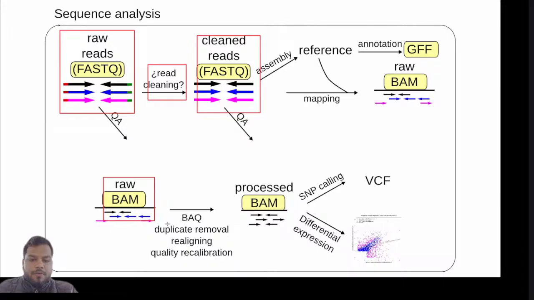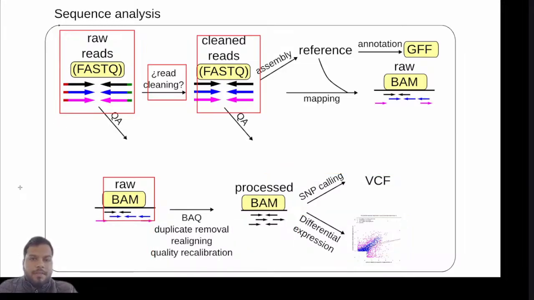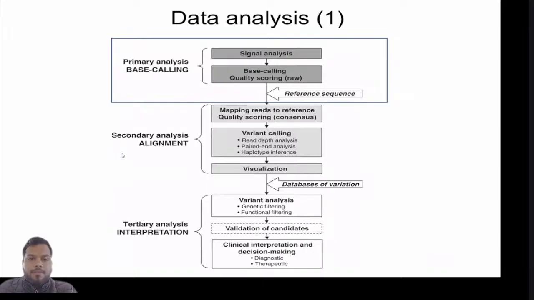Here we remove the duplicates, realign, do quality recalibration, and proceed with SNP calling, BCF, or differential expression through this BAM file. In this way, the data acquisition is done, then the analysis is performed in the case of dry lab.